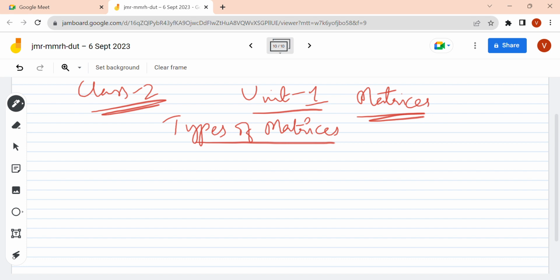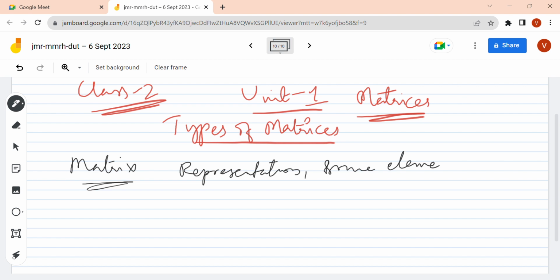To start with the basic things, we have to know first what a matrix is. A matrix is nothing but a representation of some elements in rows and column form, or format, you can say.